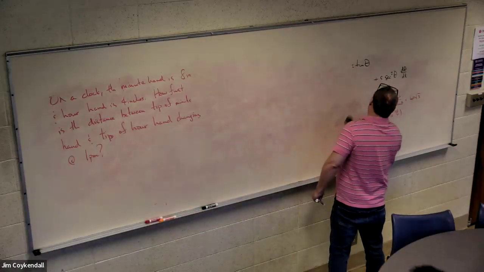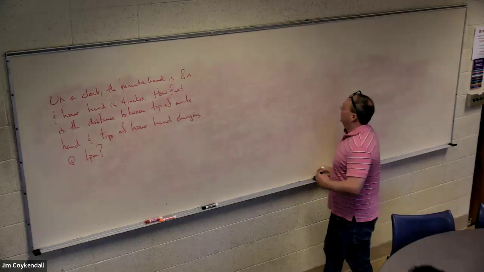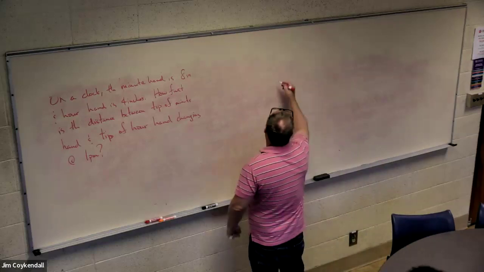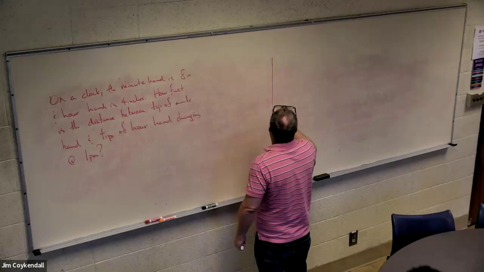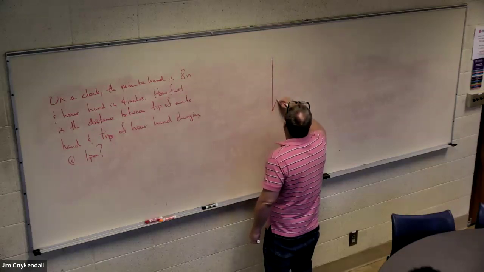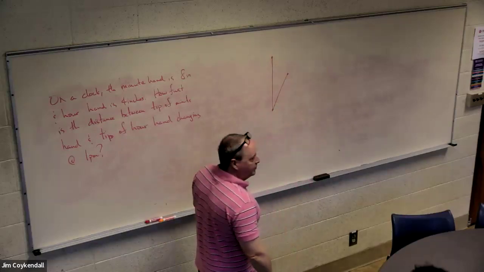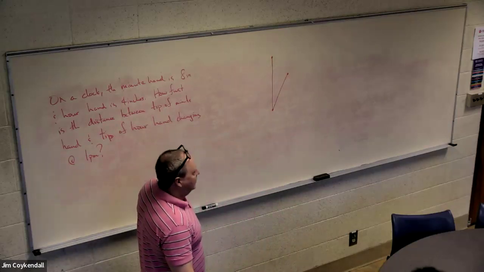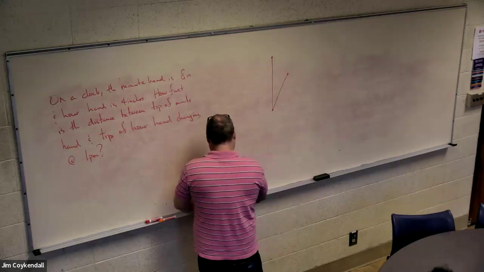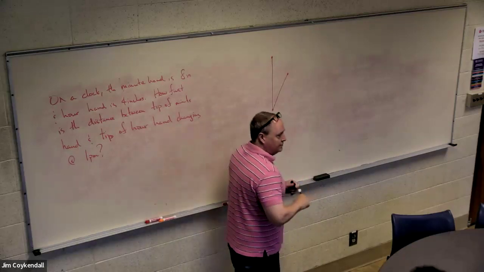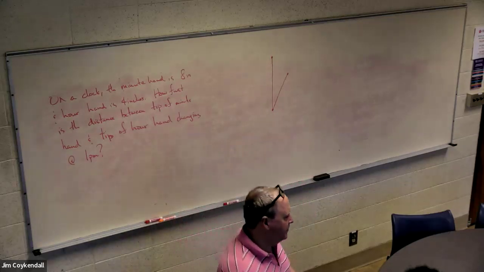So we have an old fashioned clock. Let's see how fast it changes. Here is the hour hand. Here is the minute hand. That's a beautiful rendition. How should I label it? Help me dress this thing up.